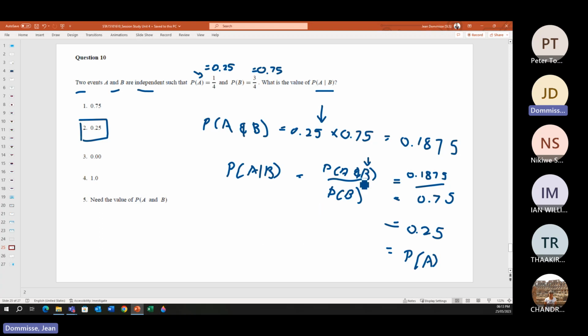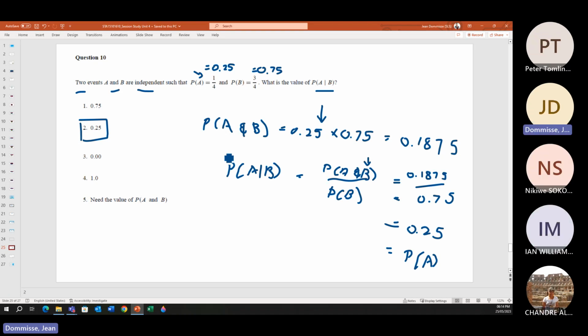So if it's given B, the answer will be the probability of A. If it was given A, the answer would have been your probability of B. Okay, so I will just add that formula to the original, because I think that is also important that you know that.